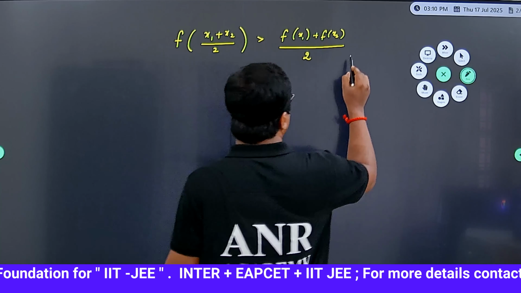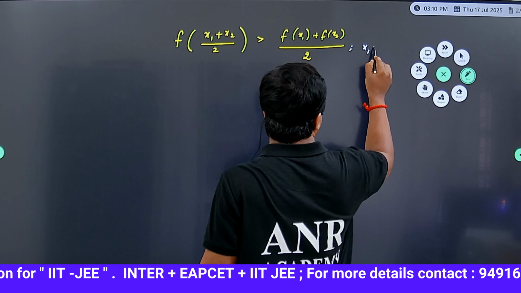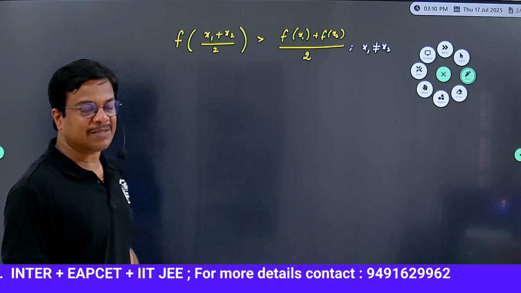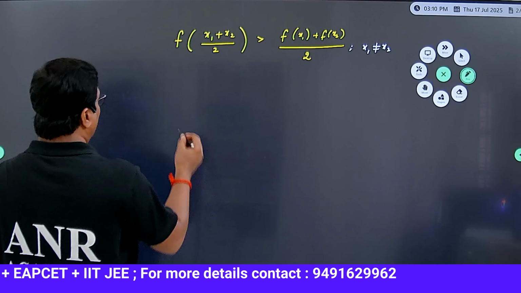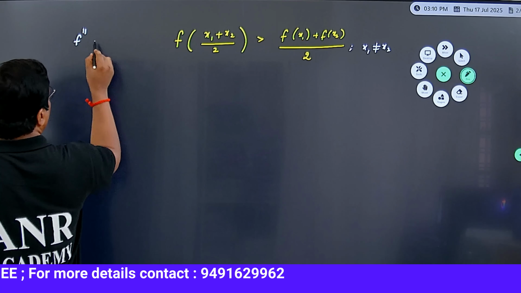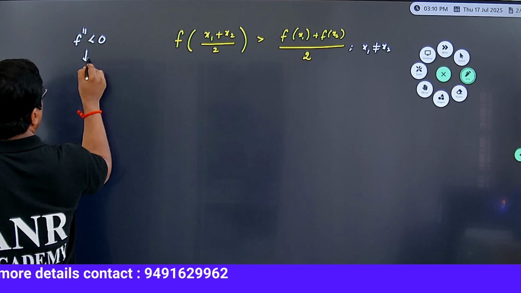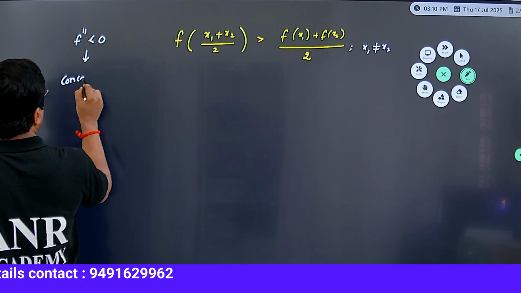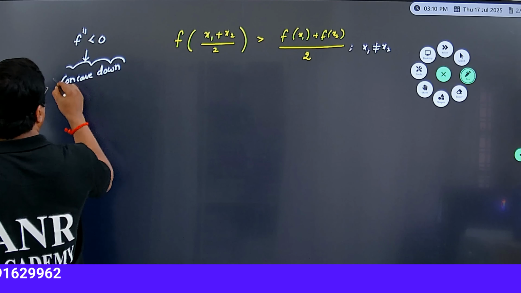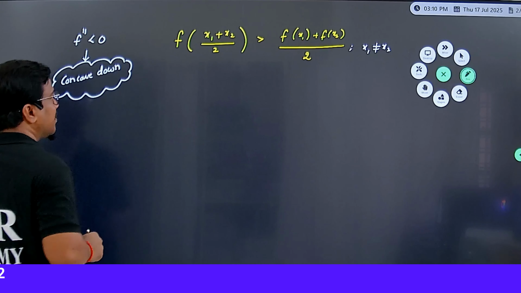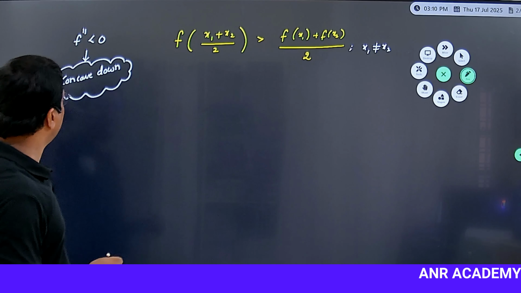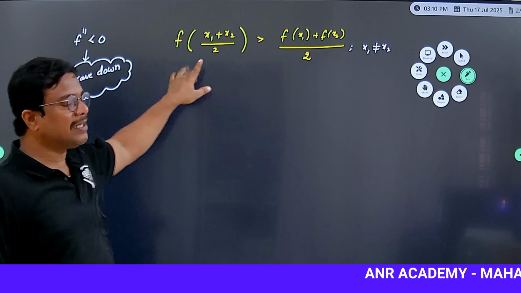So here I can write the condition x1 not equal to x2, so that only you will get the inequality with the more than symbol. And it is a must that its double derivative should be less than 0, that is, the graph should be concave down. If the function satisfies this condition, x1 not equal to x2 and concave down, then this is the relation.